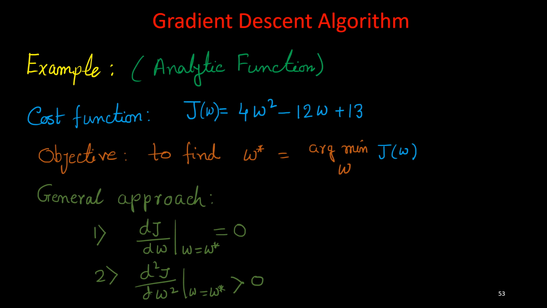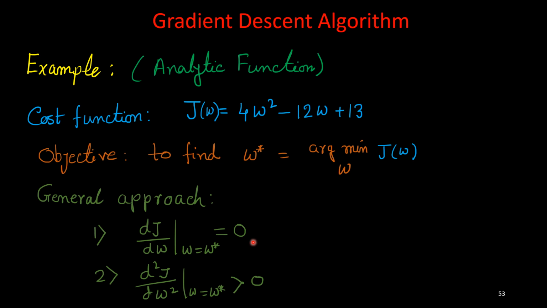Now for that we can use our general approach. First we will take the derivative of this cost function with respect to w, this variable, and we'll equate this derivative to 0, then we'll solve it. One of the solutions will be w star. At this optimum w star, the derivative should be 0.